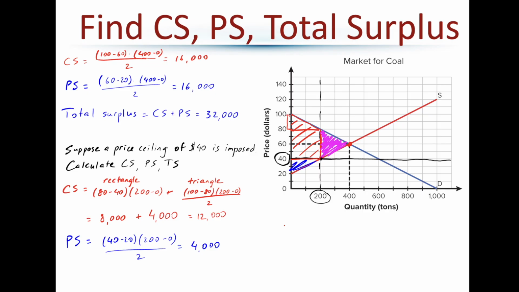This magenta triangle represents the missing trades, or deadweight loss, that occurs when the price ceiling is imposed. So now the total surplus, which is consumer surplus plus producer surplus, is going to be just 16,000.